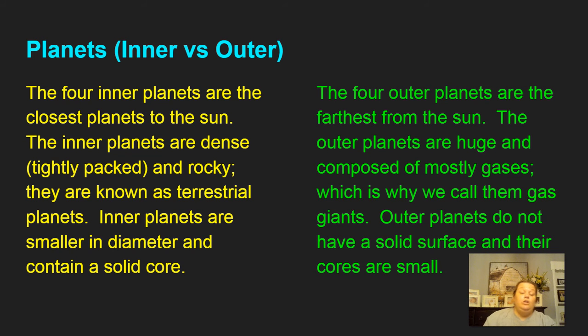The outer planets are huge, and they're composed, which means made up of mostly of different gases. This is why they're called gas giants. Outer planets do not have a solid surface, and their cores are very small. When it means a solid surface, it's kind of like when you have Earth, you have our ground, and it's a solid, rocky surface. The outer planets don't have that.